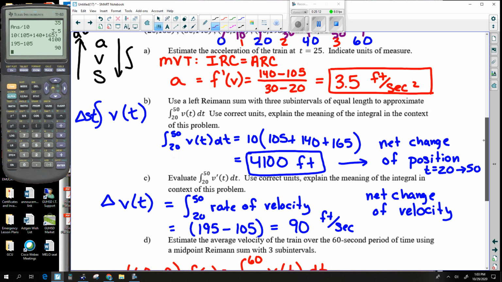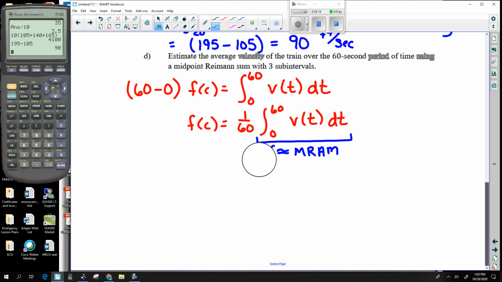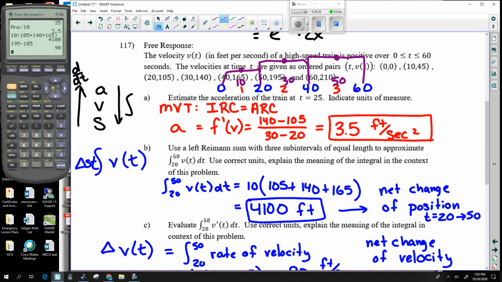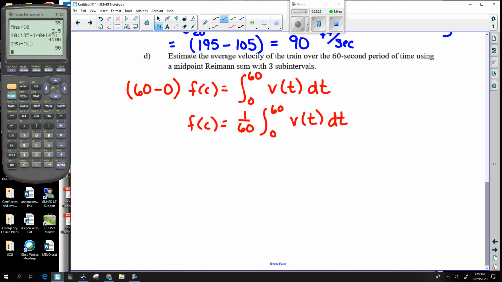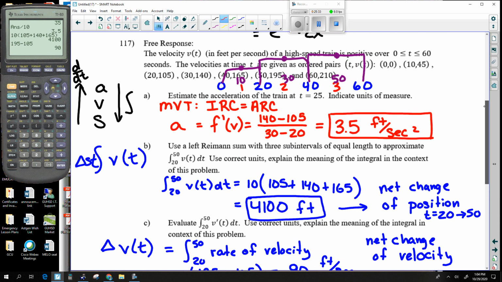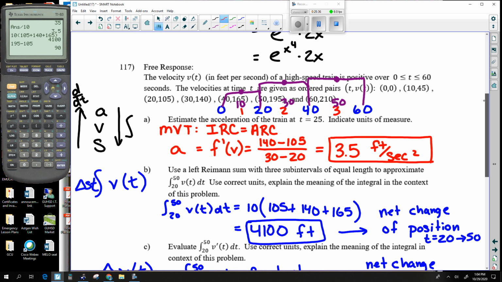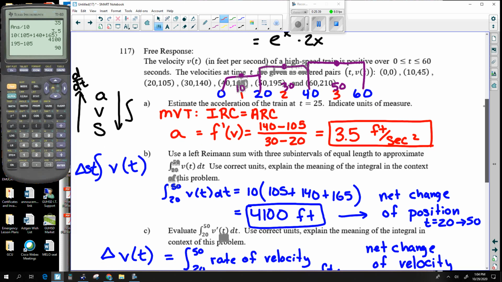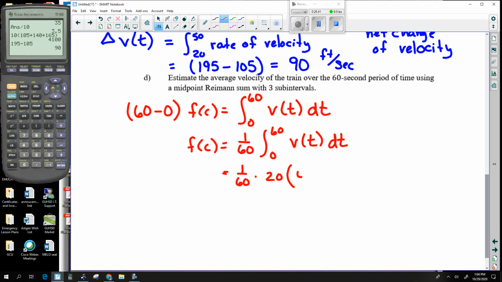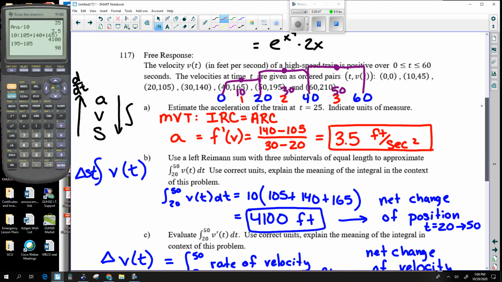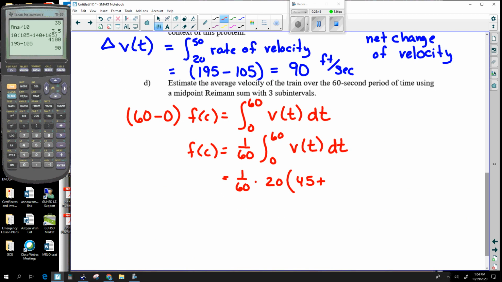So notice how they all have a base of 20, so I'm going to start setting up a problem. All right, and so this is approximately going to be a base of 20, and heights of 10 is 45. Midpoint is 140.